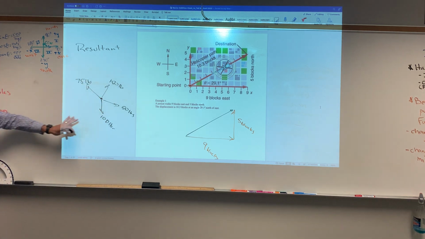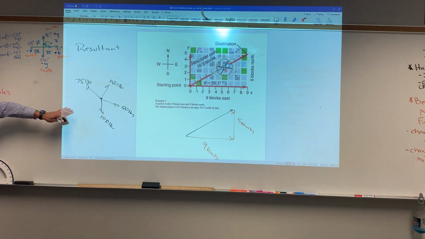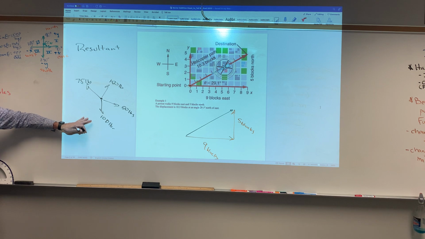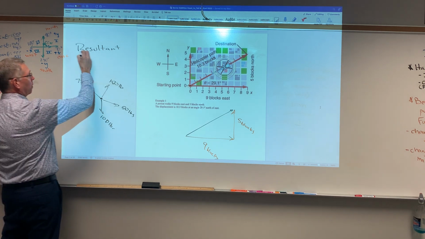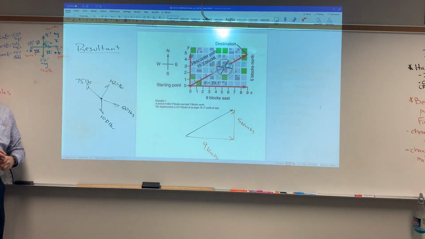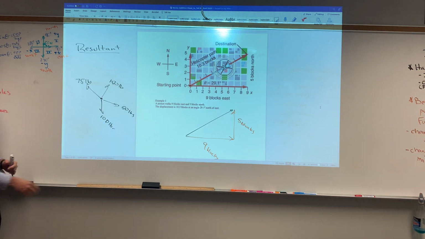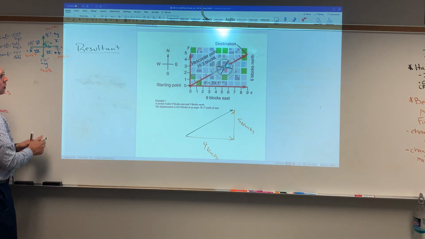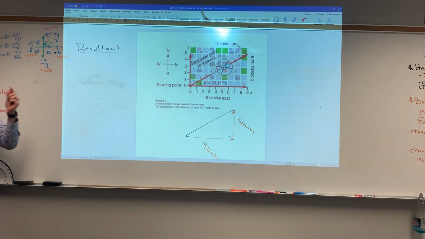If I add those together, the answer would be the resultant. What would be the resultant force of those added together? That's just the generic term for the answer you get when you add vectors together. And the resultant is considered a vector.